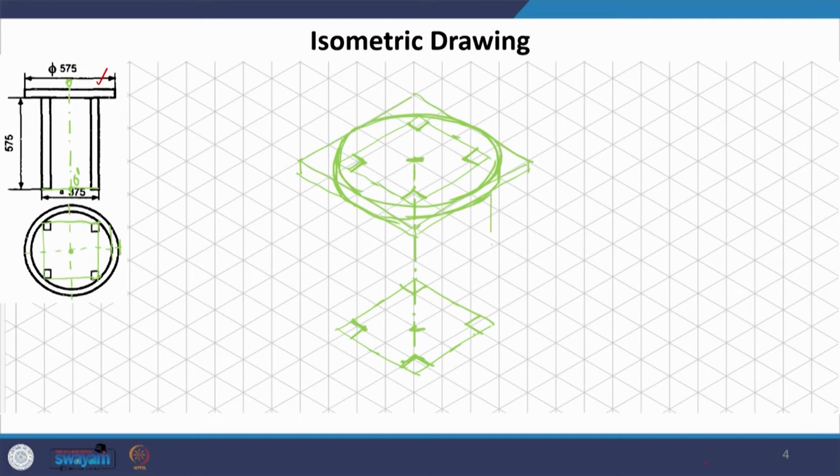So, if we join this, I am joining only the visible portion of it. You can extend it, this is the dotted portion.